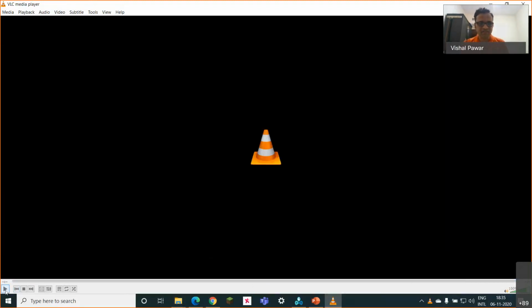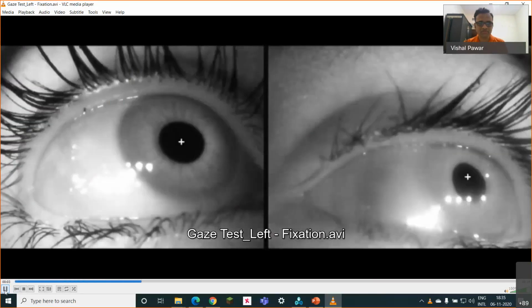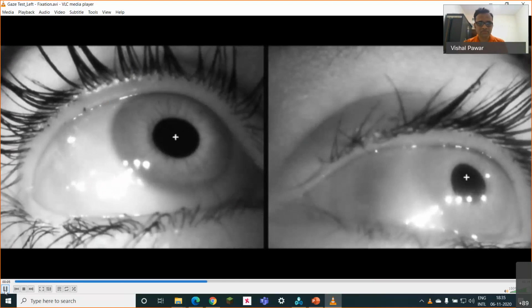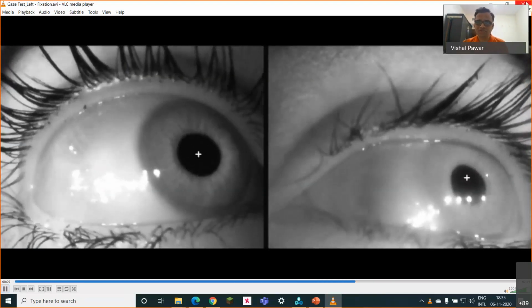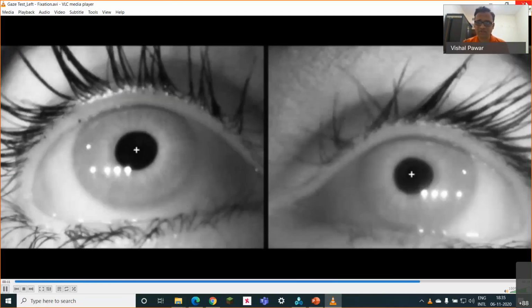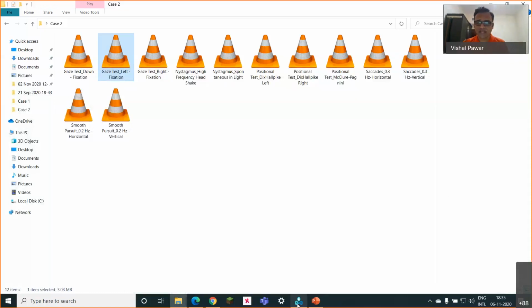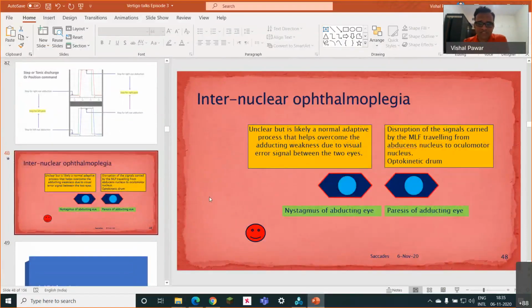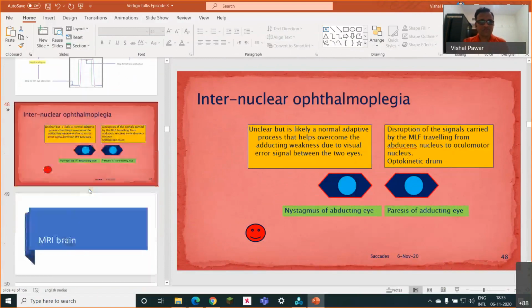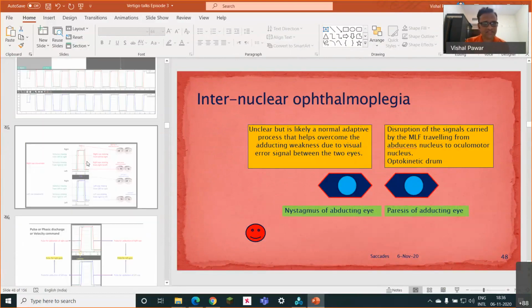I will show again. I think because of the network issue it will be very difficult, because it's very subtle nystagmus. So the patient had pure torsional nystagmus, with the upper pole beating to the right side. These were the various findings on the VNG.